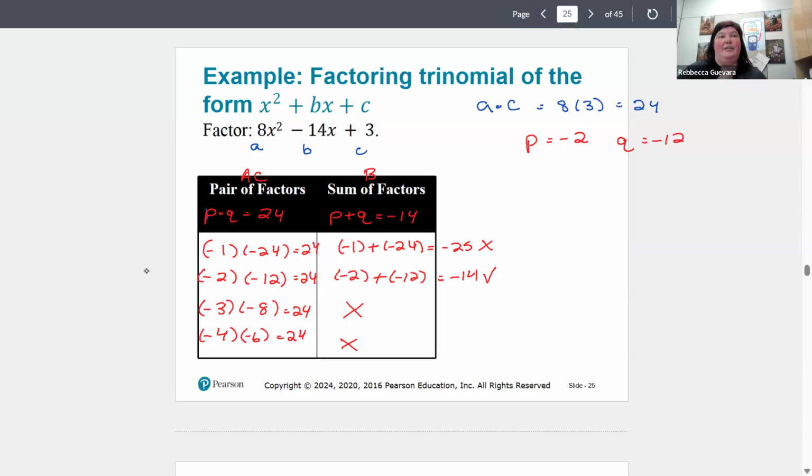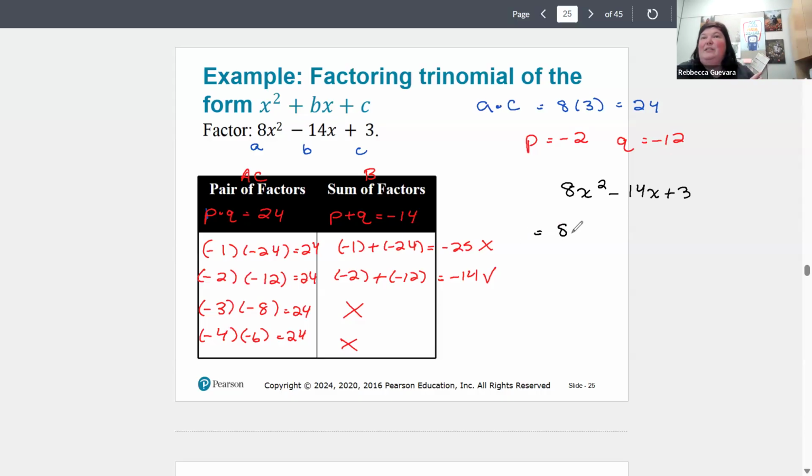So with the AC method, what we do is we take our 8x squared minus 14x plus 3. And what we're going to do with that P and Q, so this technically happens in the other method when A is equal to 1. It's just that you don't see that step.